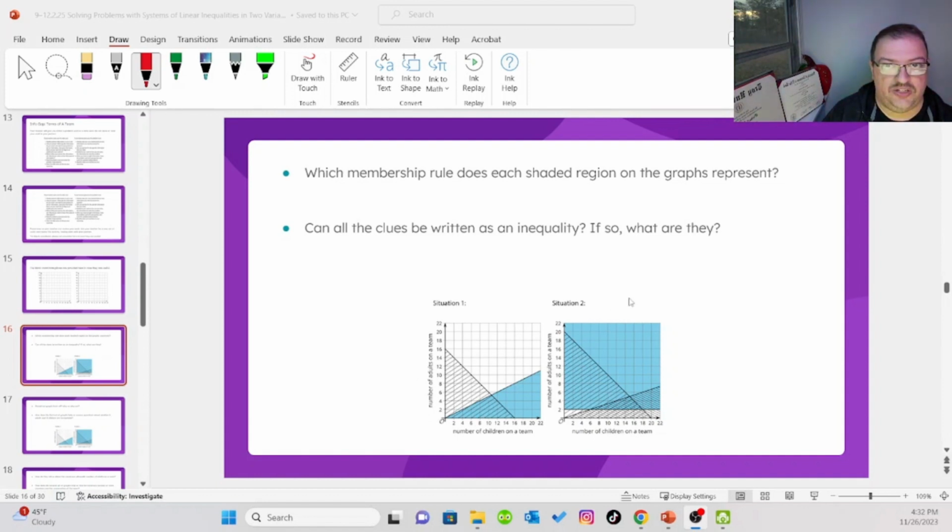In situation 2, this solid line and the line shading below it represents the maximum of 20 people and all the combinations that could hit that. The blue shaded area and the solid line that creates it are the number of adults that you could have, meaning you can't have less than 2 adults on the team.